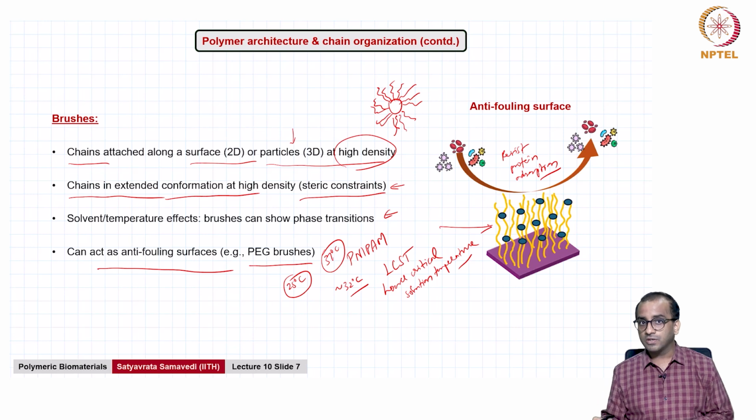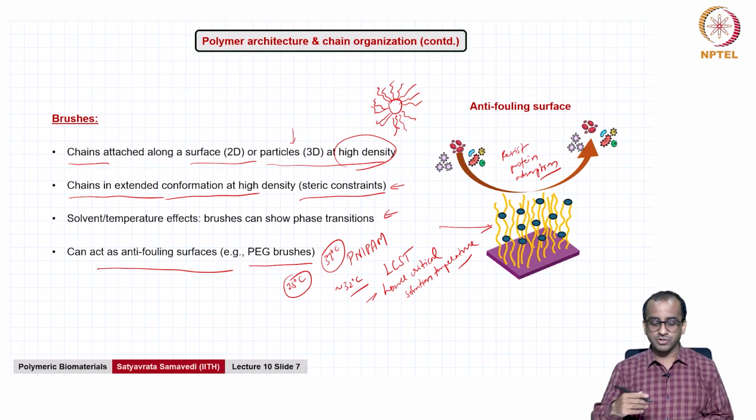So, that transition is governed by this LCST. So, you can have such a polymer grafted onto a surface, and you can now control its behavior based on the temperature. So, all of these things are possible using polymers as brushes.